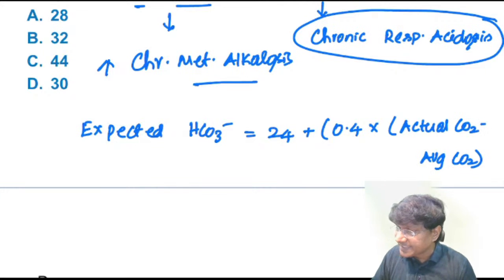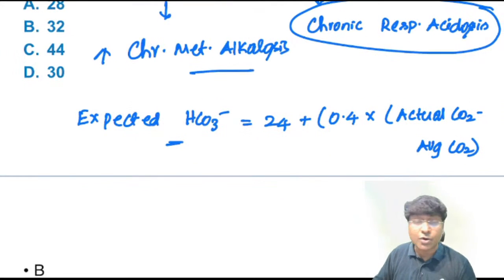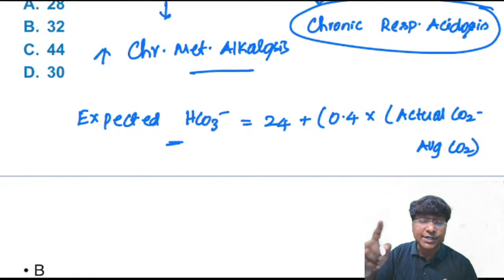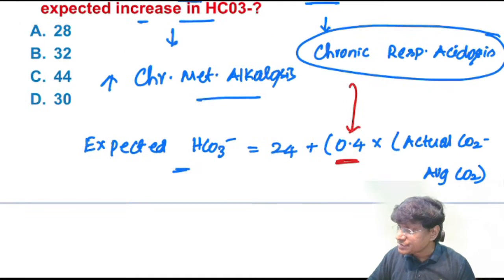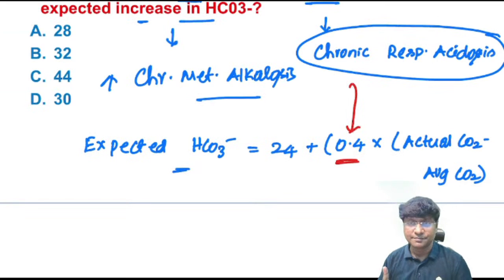This will give you the expected bicarbonate value for chronic events. So what is the difference here? In acute respiratory acidosis you take 0.1, but for chronic respiratory acidosis the factor is 0.4. That is the only difference you have to remember.